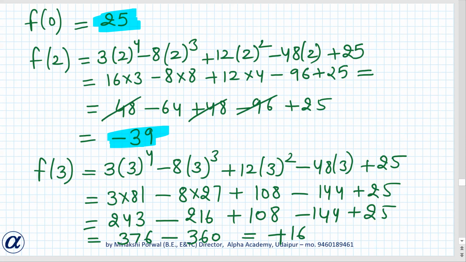The maximum occurs at x equals to 0 and the minimum occurs at x equals to 2. In the question, we are asked to find the maximum and minimum values only. Now the next question.